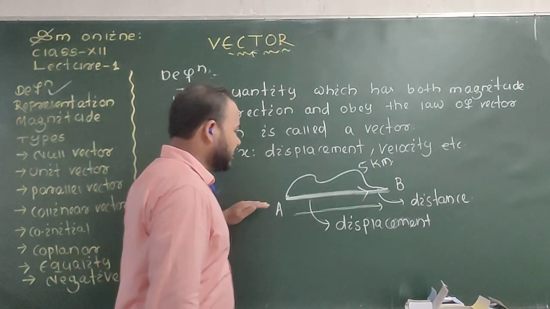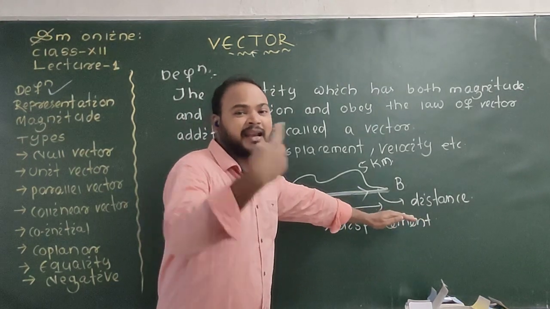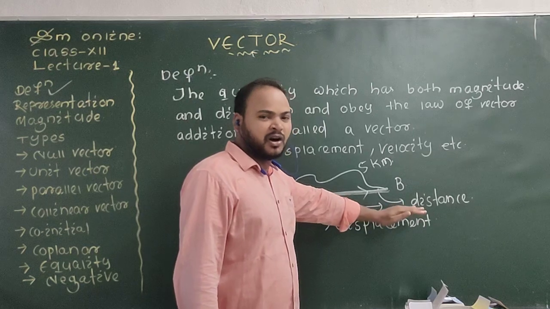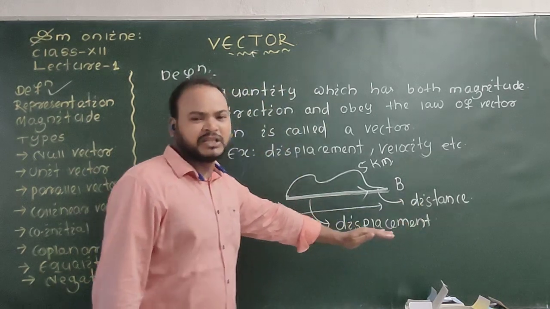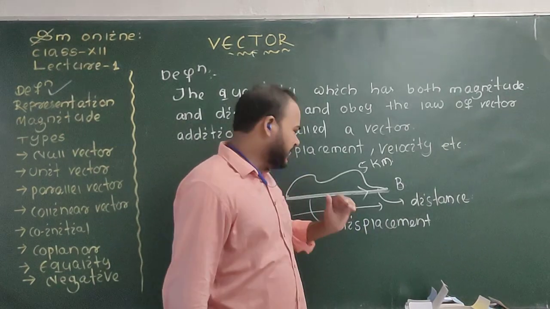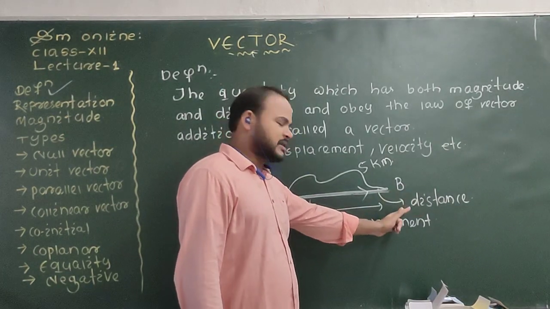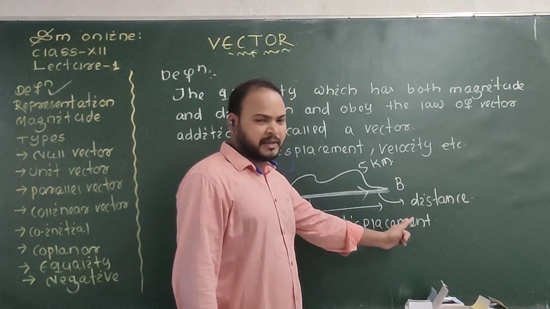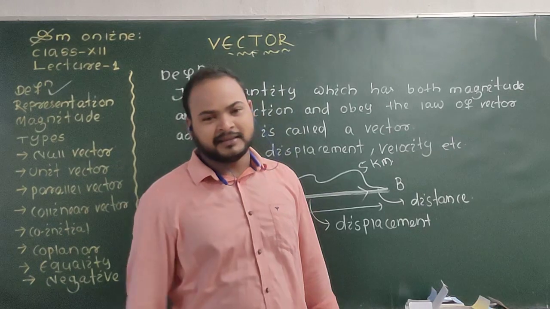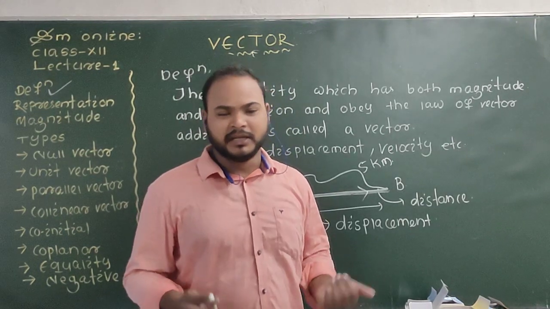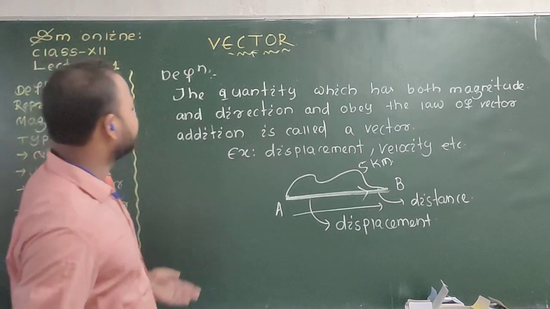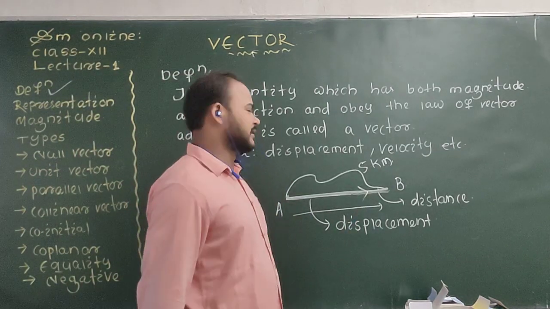But the shortest distance between A and B, that is a straight line, is called a vector, and it is called a displacement. In addition, distance and displacement both have the same unit, that is length, kilometer, meter. Okay, so this is the vector.